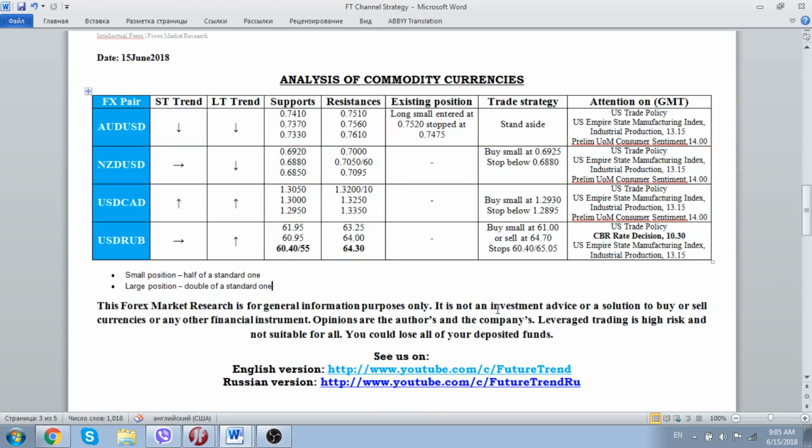We still consider a possible extension of the dollar weakness, probably to buy currencies of the commodity block with a very tight stop loss.